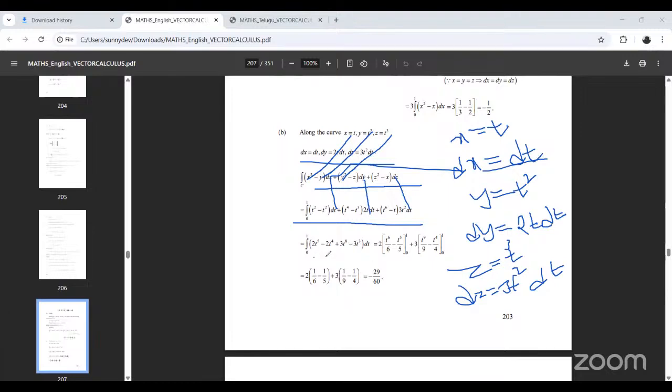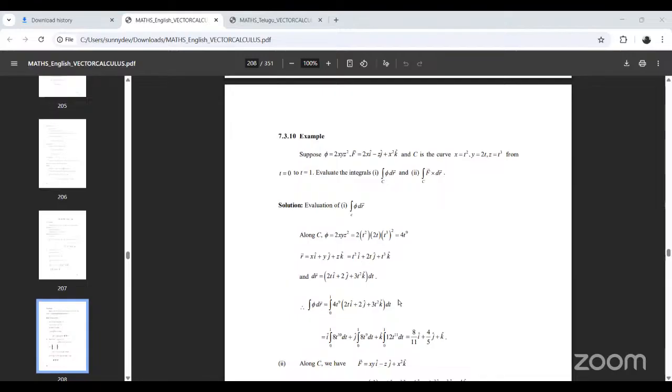So after integration, you have to apply the t limits and we are getting this. Next, same problem we have to do.